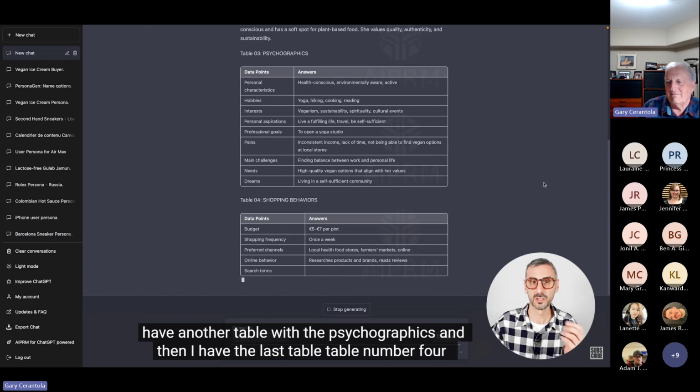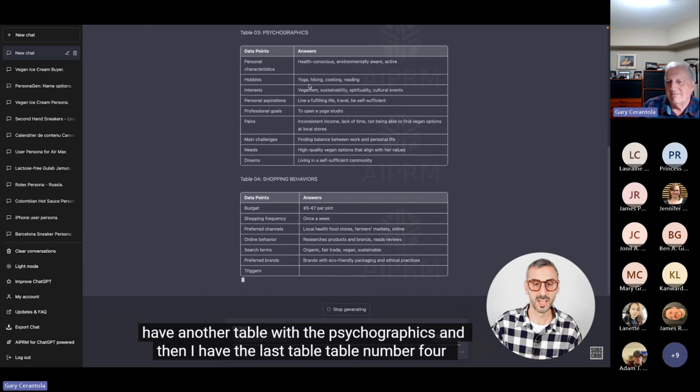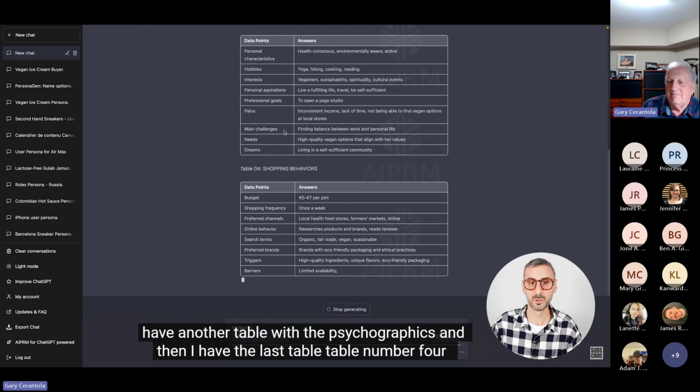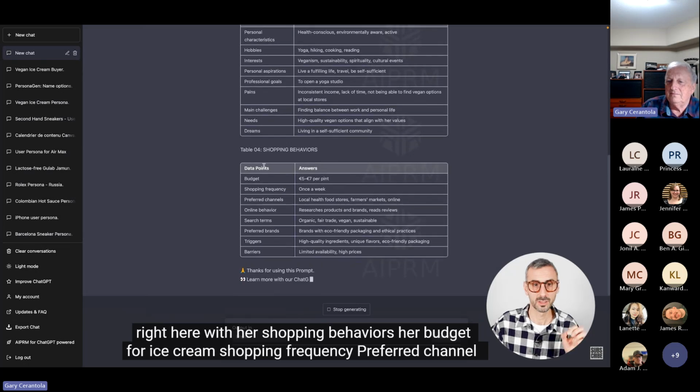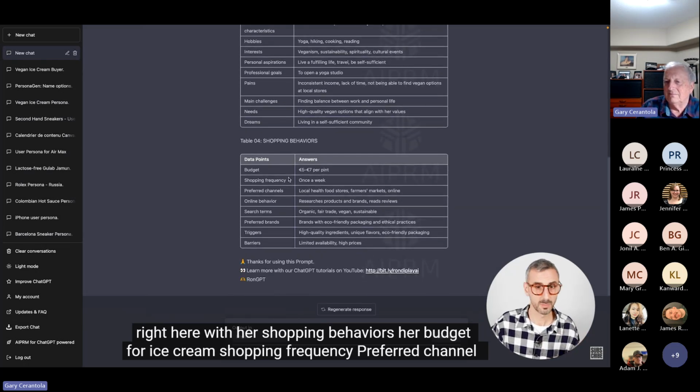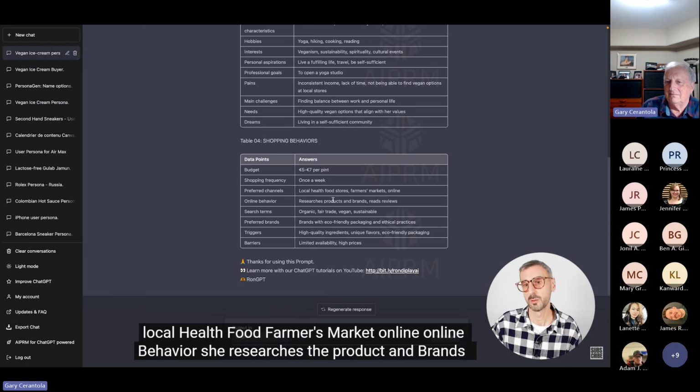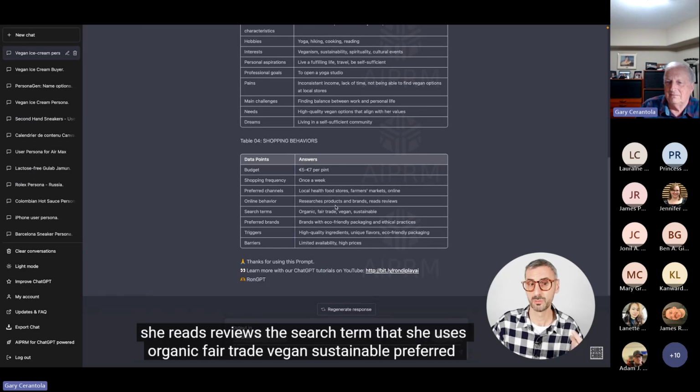Then I have another table with the psychographics. And then I have the last table, table number 4 right here, with her shopping behaviors. Her budget per ice cream, shopping frequency, preferred channel, local health food, farmers market, online behavior. She researches the product and brand. She reads reviews. The search terms that she uses: organic, fair trade, vegan, sustainable.